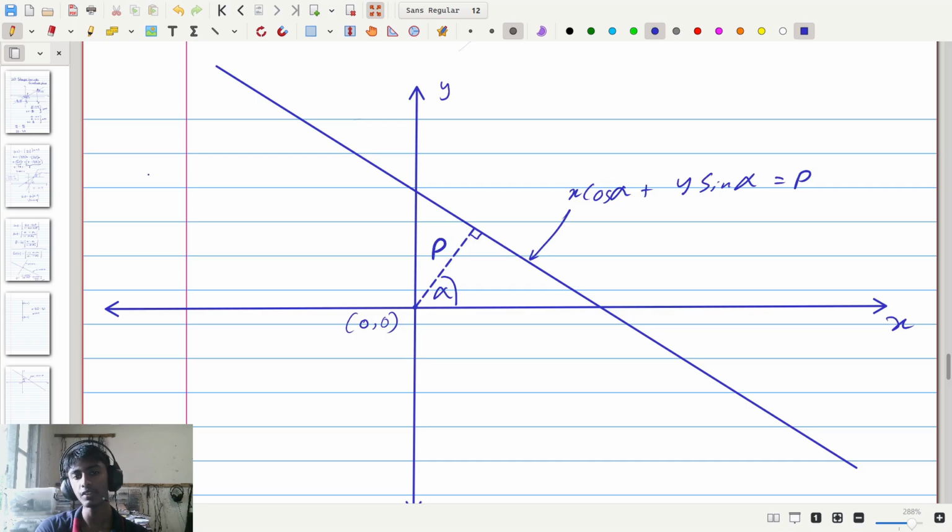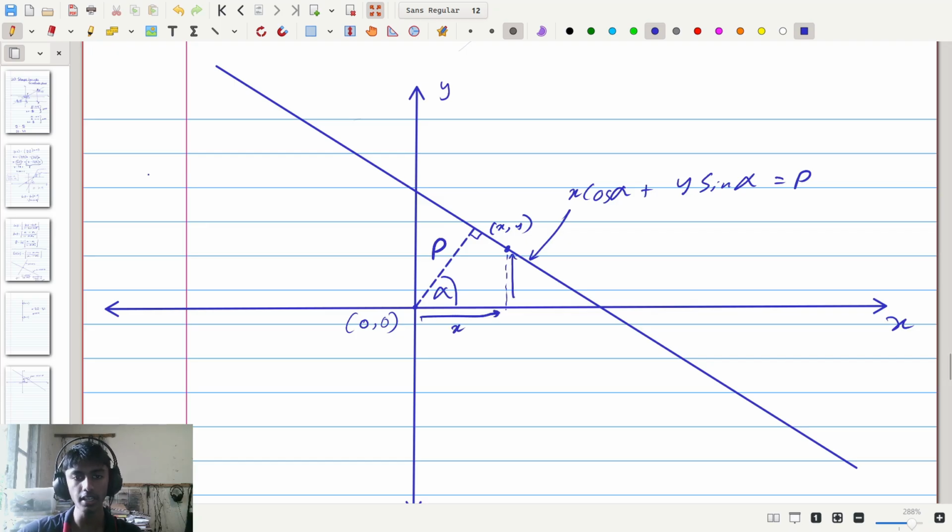In order to prove this, what we can do is simply consider some point on this line. Let's say this point over here is given by x comma y. Dropping this vertical down like this, the length here is the value x, and this length here is the value y.